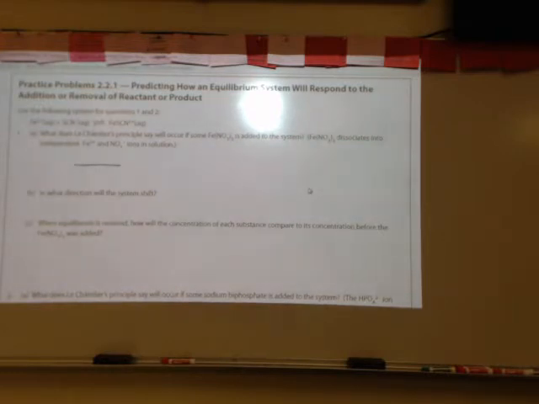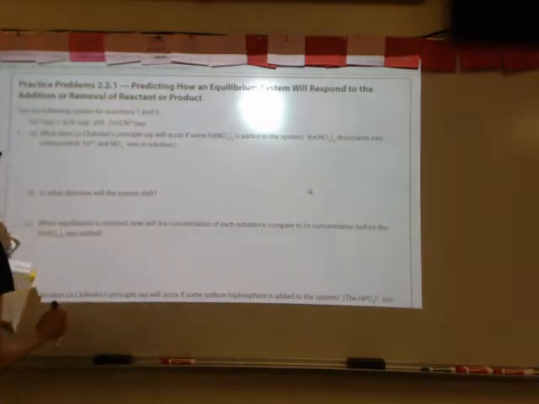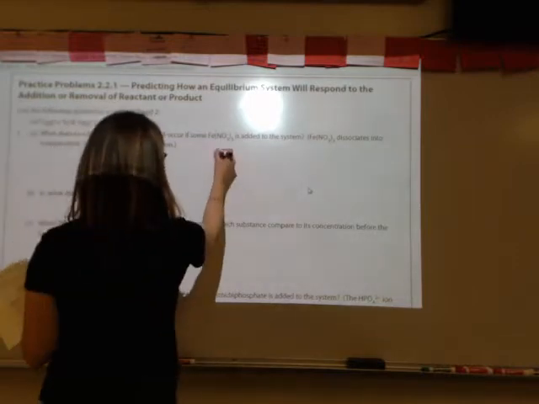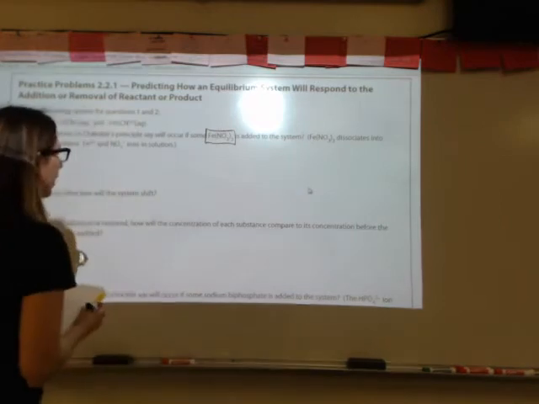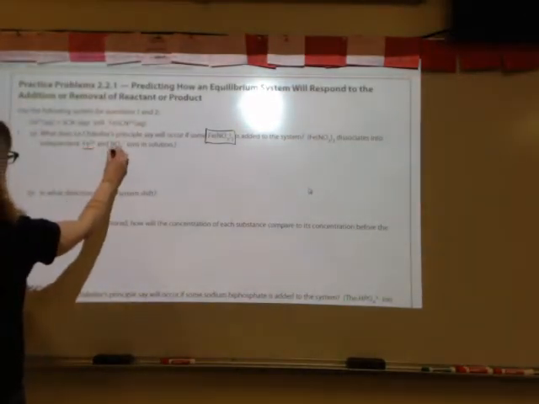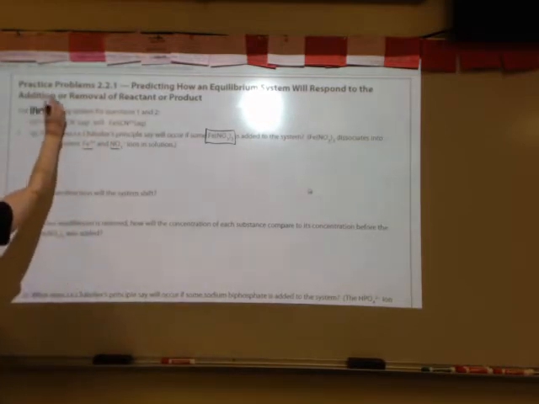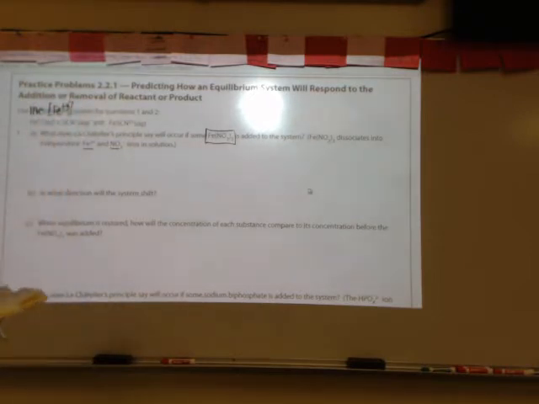Use the following system for questions 1 and 2. So we have iron combining with SCN to make FeSCN. What does Le Chatelier's principle say will occur if some FeNO3 is added to the system? FeNO3 dissociates into Fe+3 and NO3-1 ions. So that means that you're really increasing the concentration of Fe+3.